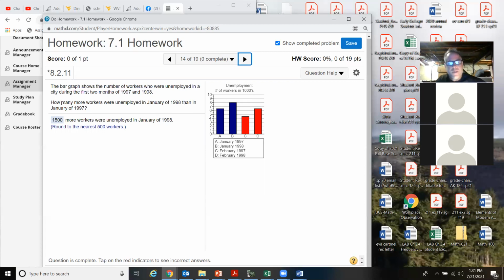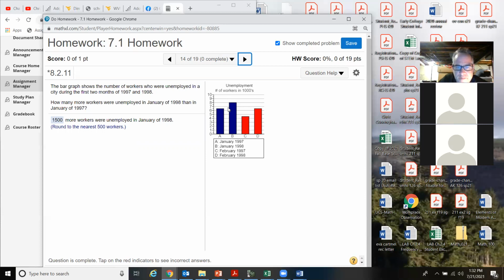This one says how many more workers were unemployed in January of 1988 than in January 1997. So here is 88, here 98, here is 97. I would take the difference of the two. Now I'm looking at this. This is 8, this is 5. That would give me 3. Excuse me, not 5, 6.5.